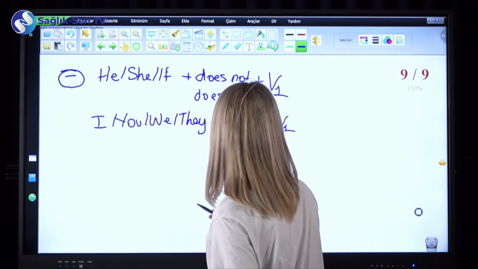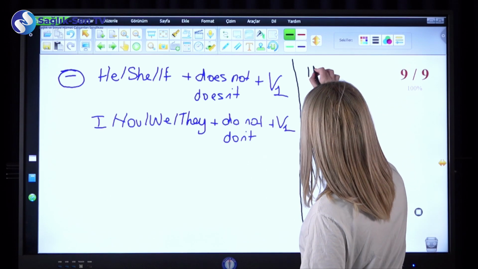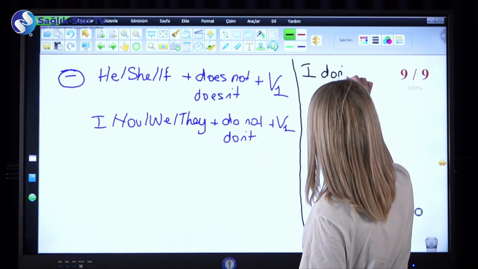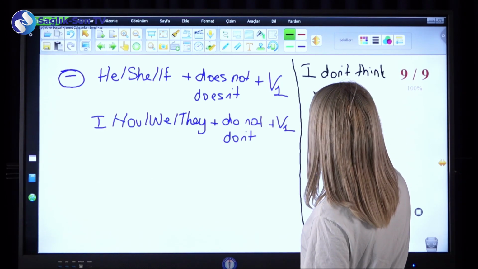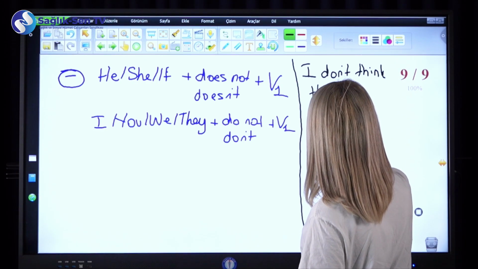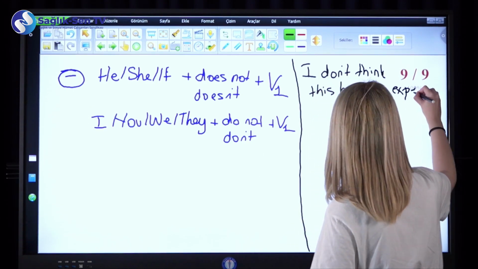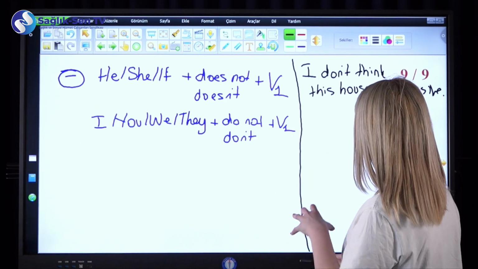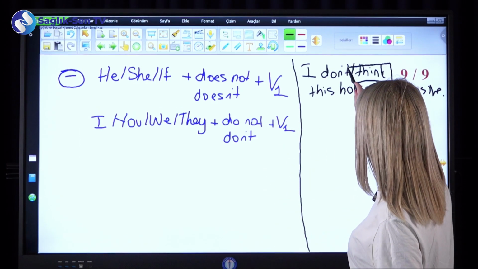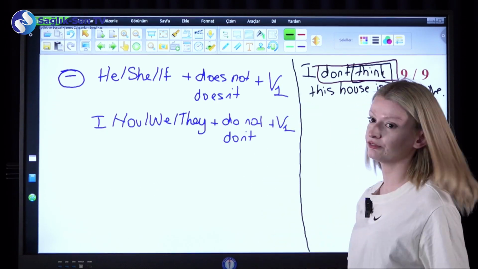Let's give some examples. I don't think this house is expensive. You can see the stative verb here, and I made it a negative sentence.